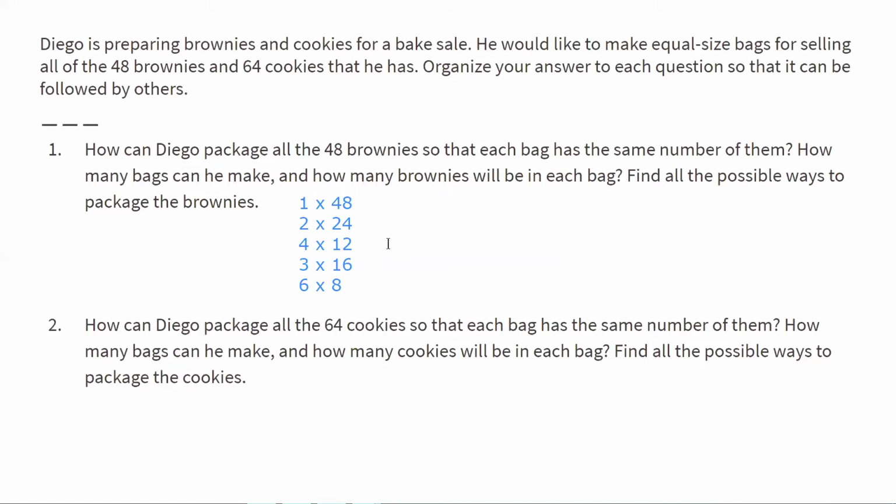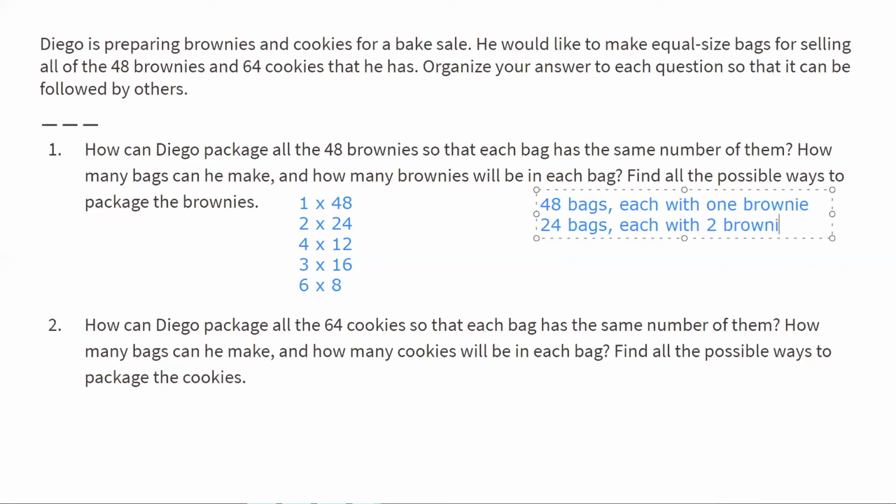So I'm thinking he could make 48 bags with 1 brownie in them. So one possibility is 48 bags, each with 1 brownie. Another possibility is 24 bags, each with 2 brownies. Another possibility is 12 bags, each with 4 brownies.